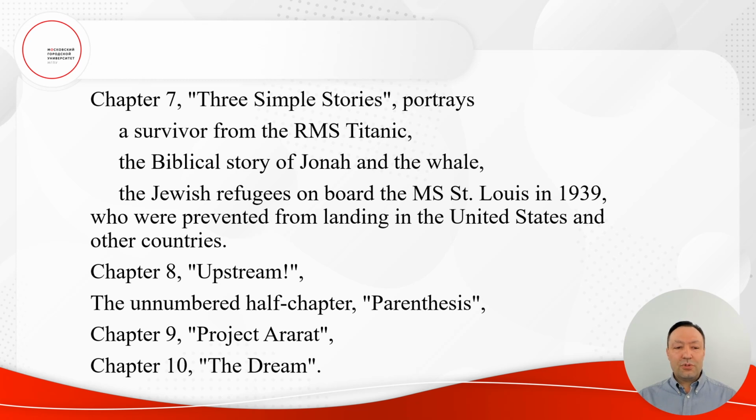Then there is chapter 8, Upstream, and here be careful. Since the book is called The History of the World in 10.5 Chapters, there is a kind of half chapter, the unnumbered parenthesis, as it is called, and then there go chapter 9, Project Ararat, and chapter 10, The Dream.